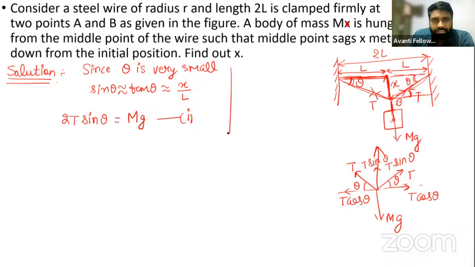That elongation is given by, if you consider this section, the length of this section would now become L dash, and initially the length of this section is L. So if I subtract L dash minus L, I will get the elongation of this part.